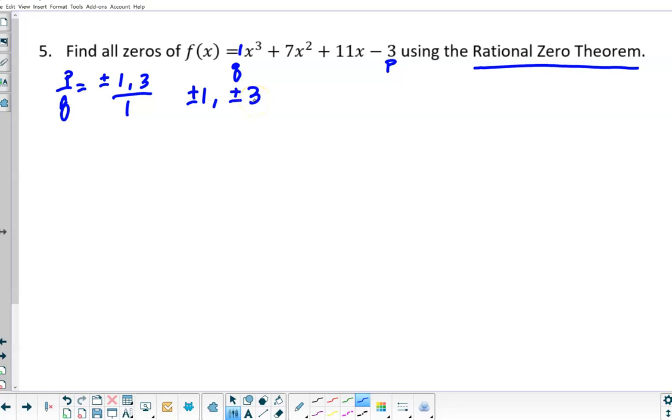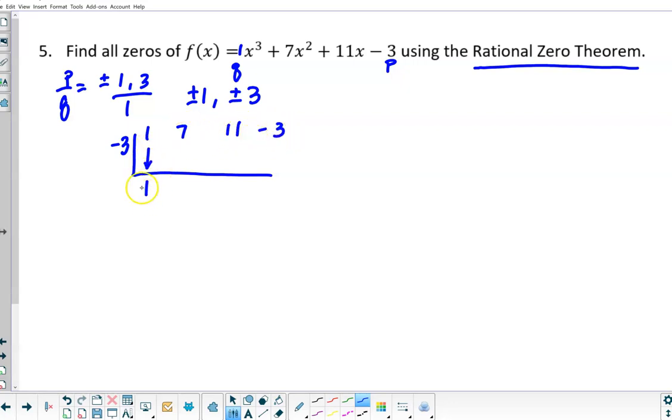Okay, so I'm going to let you pause the video here and do some guess and check to figure out which one is going to work. Okay, so now I'm going to go ahead and continue. What happens to work here is -3. So I'm going to put my coefficients across the top and do synthetic division.